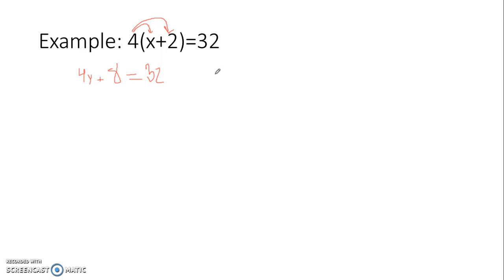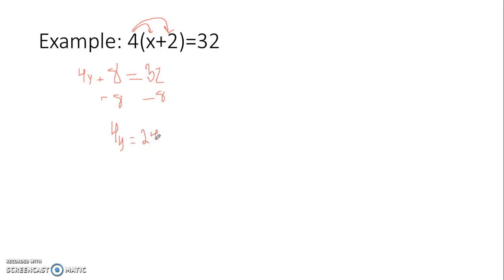We can't simplify. So step 3, perform any necessary addition or subtraction to get the variables on one side and the constants on the other. So showing our work, we have to subtract 8 from both sides. So we get 4y is equal to 32 minus 8, which is 24.